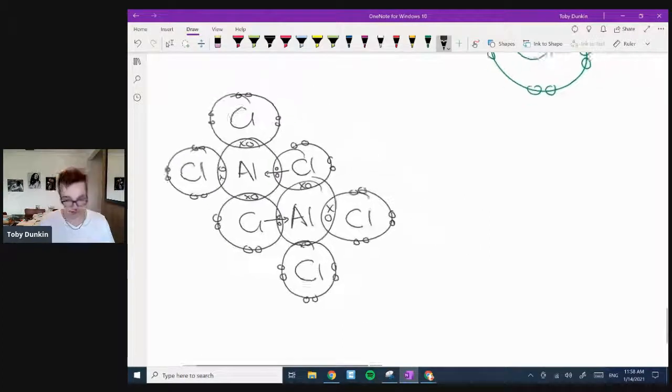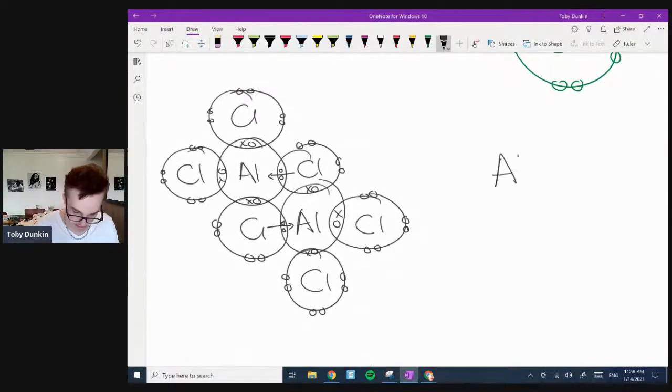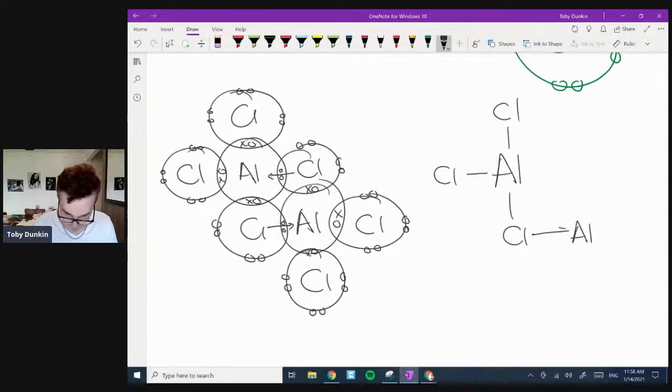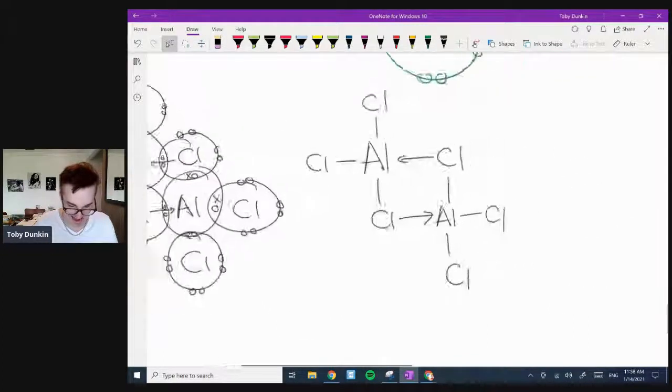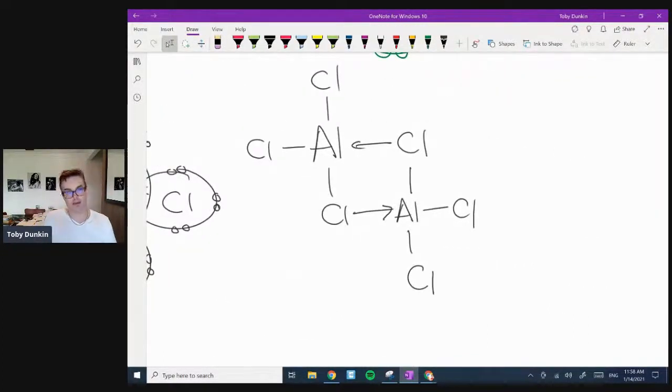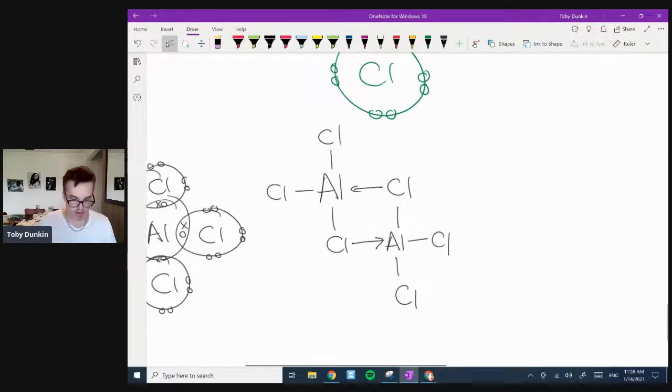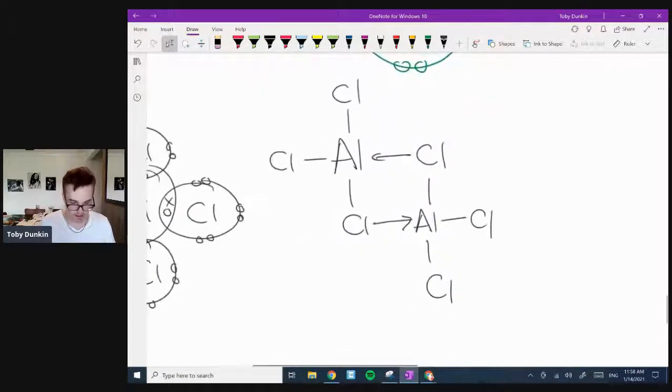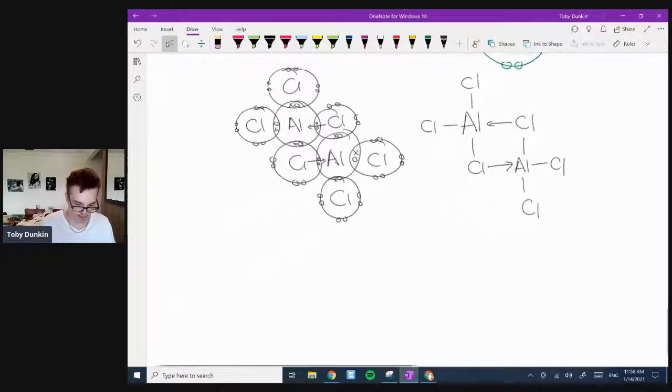There we go. So the stick diagram of this looks like this. Normal, normal, normal. Dative, dative. Normal, normal, normal. How funky is that? That's the dimer of aluminium chloride.